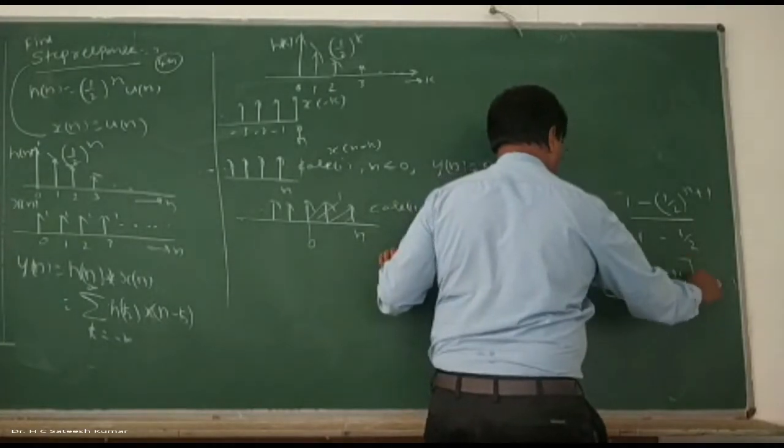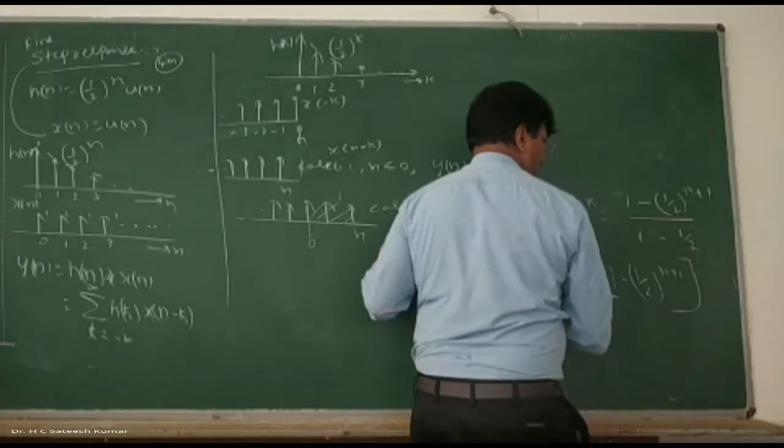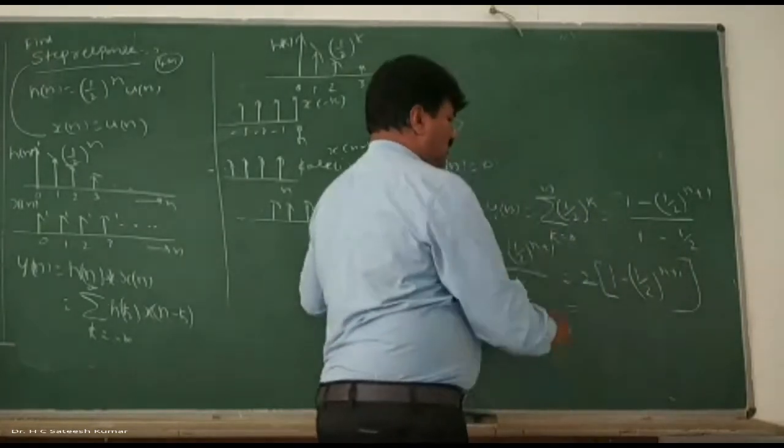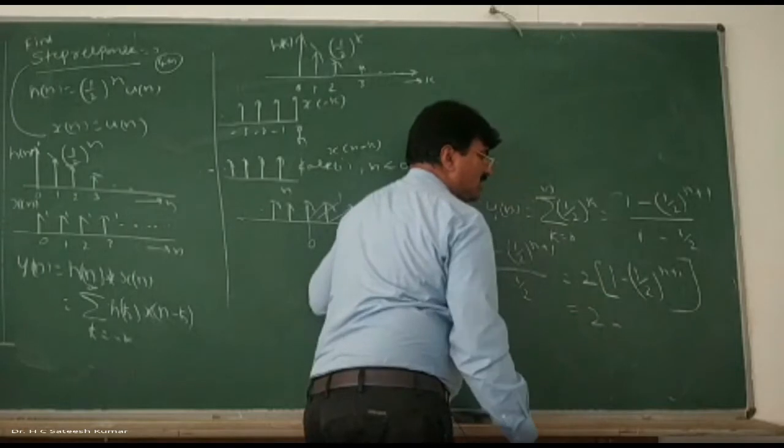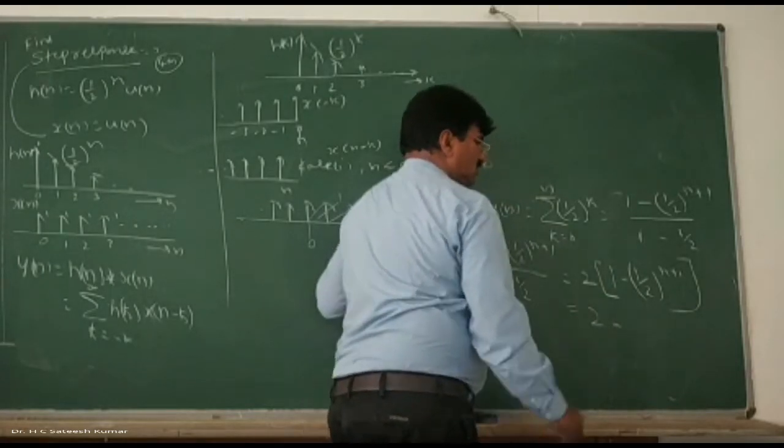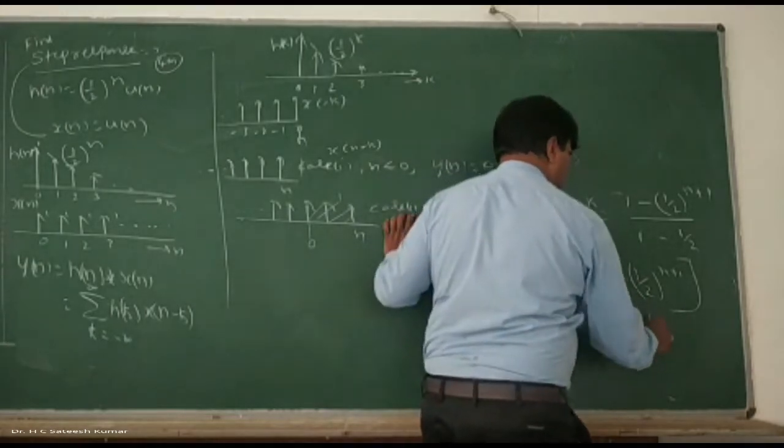If you want, you can simplify it further. Multiply by 2: 2 minus 2 into half to the power of n plus 1. Keep it as it is, no much simplification is there.